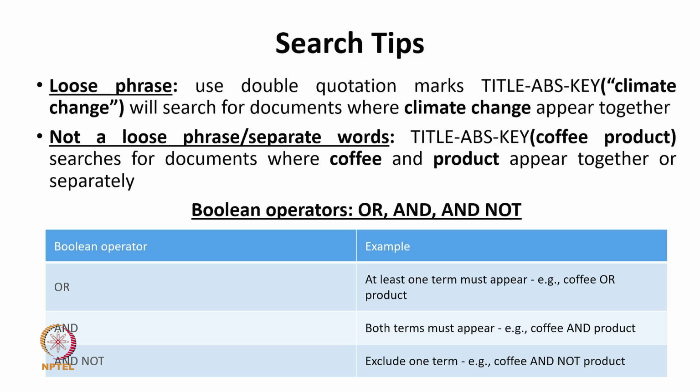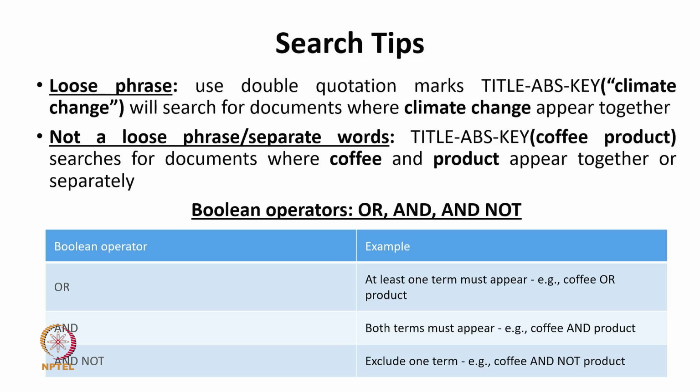You can use double quotation marks, like I have told you earlier, and this will search for documents where the words, like in the example of climate change, coffee product, appear together, not a loose phrase search or separate words. For example, in title, abstract, keyword I will search coffee product without quotes, and this will search for documents where coffee and product appear together or separately.